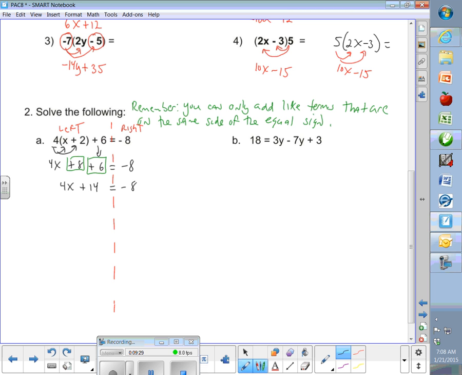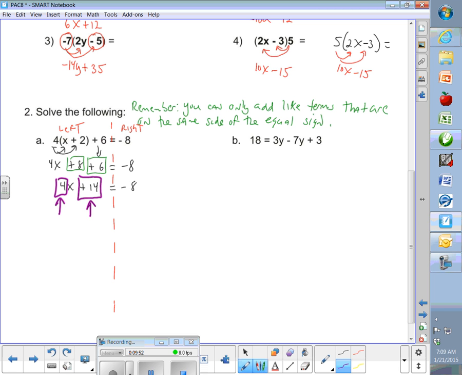Now it's down to this. And if you'll take a look, you don't need to do this in your notes. I'm just trying to refresh your memory. All right, our variable is on the left. Therefore, we need to move two things. We need to move the 4, and we need to move the positive 14. The 4 is multiplied times the variable, times the x.